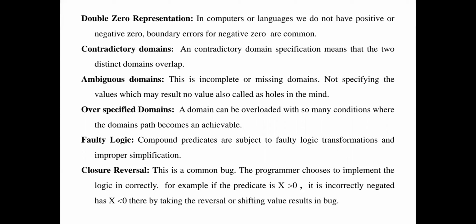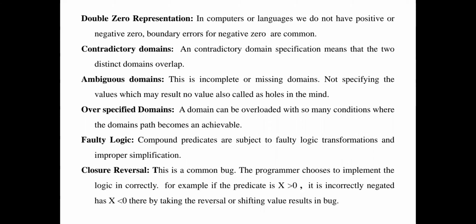Next one, ambiguous domain. An ambiguous domain is nothing but incomplete or missing domains, not specifying the values, which may result in no values, also called holes in the domains. First of all, all these classifications or predicates are done on the input values which were given to a domain.